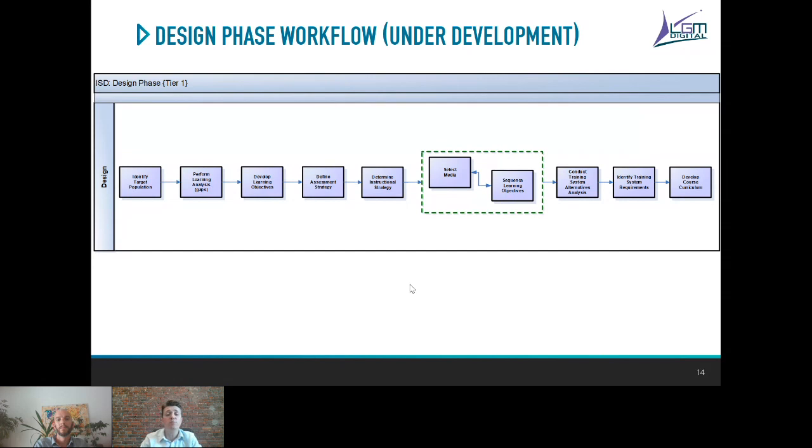Afterwards, we go for the media selection. As you know, today we have access to a lot of different media on the market. We know the more classical ones, like PowerPoint, classroom instructor-led courses, practical exercise on the equipment.